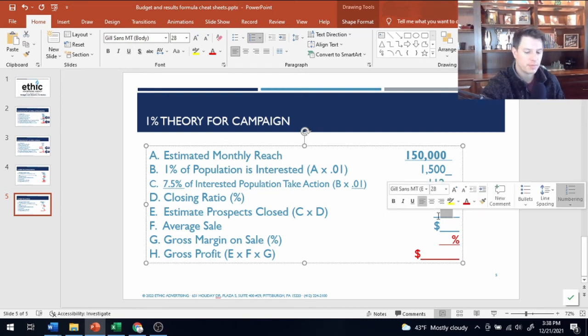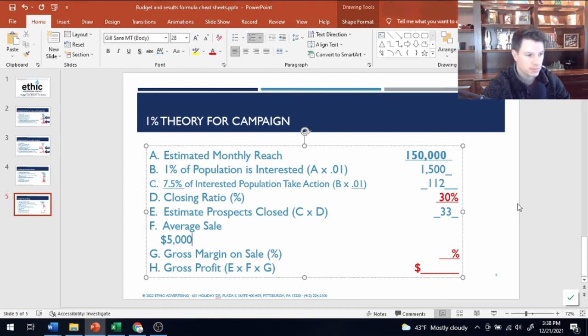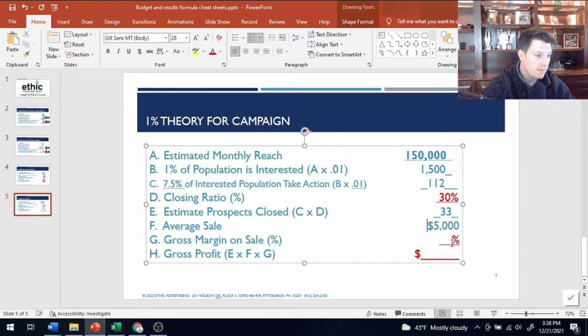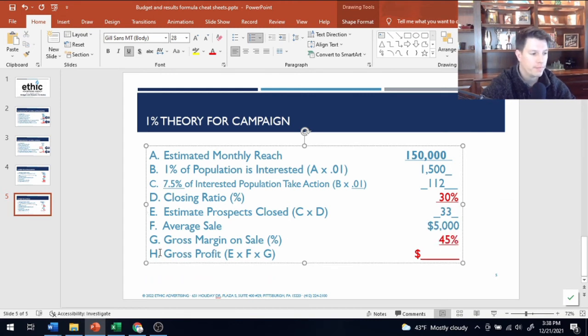Again, let's be conservative and round down, in this case 33 estimated prospects close. The average sale, I have that one memorized, that's $5,000. Now your gross margin on sale, again, remember what that is, 45%.